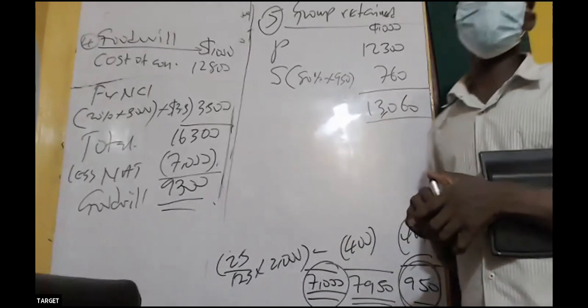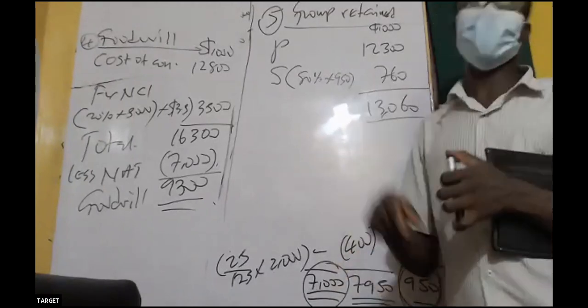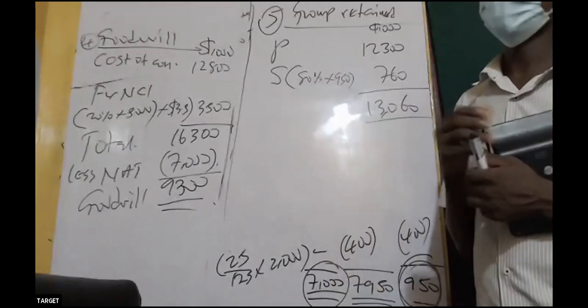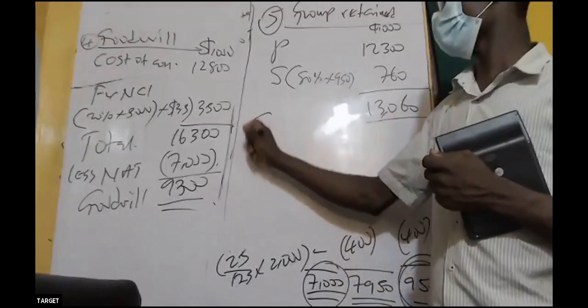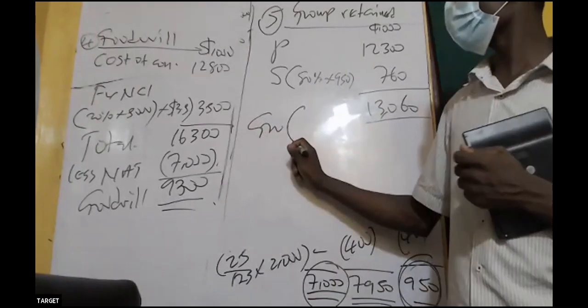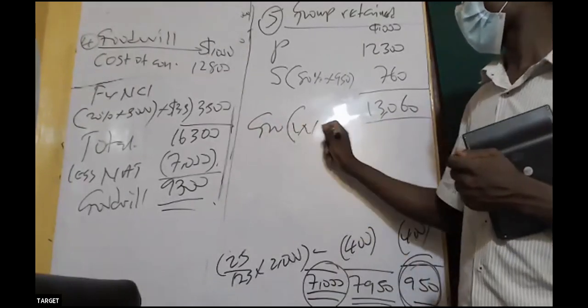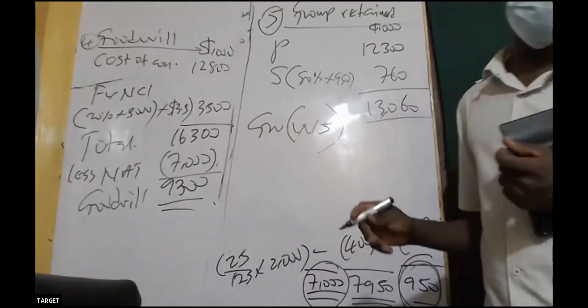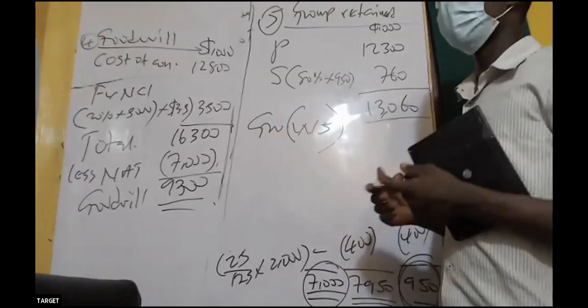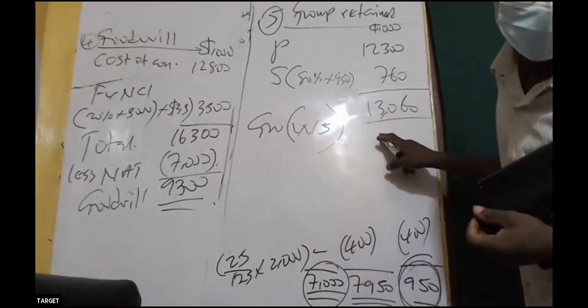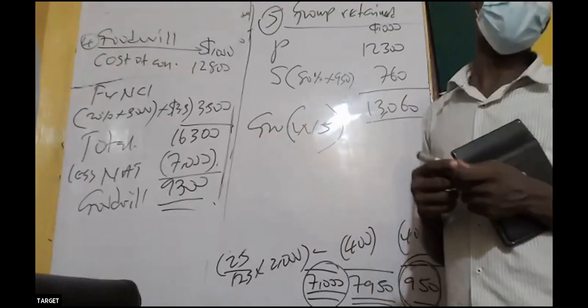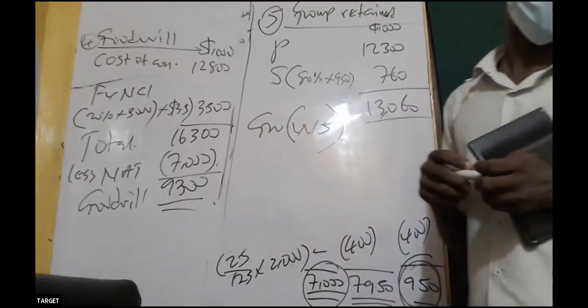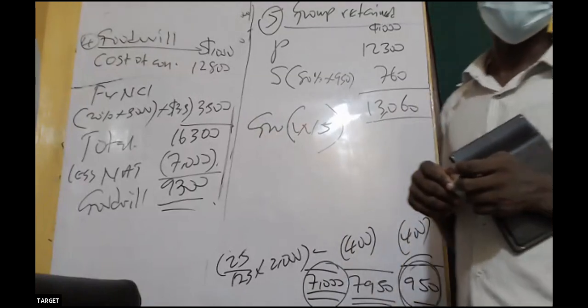So kindly go to the balance sheet and put this one there as group retained earnings. When you write group retained earnings there, kindly put a bracket, workings number 5, against it. So 13,060. Can you do that for us? Yes, good.